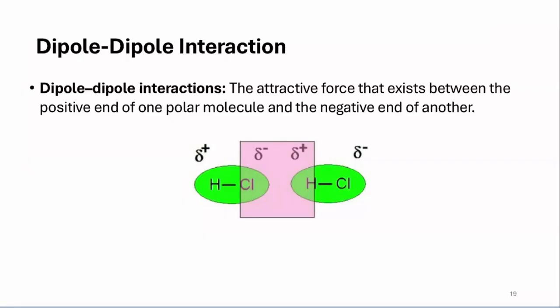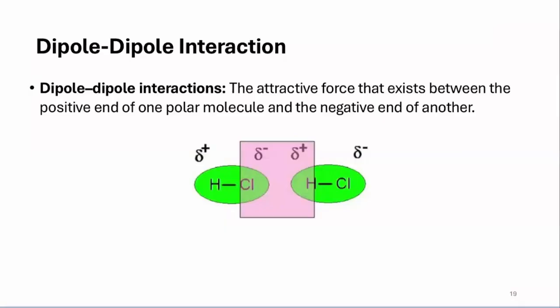The difference between dipole-dipole and hydrogen bonding is that even though they both require polar molecules, in hydrogen bonding you must have a hydrogen connected to fluorine, oxygen, or nitrogen. In dipole-dipole, you just need a polar covalent bond or the molecule to be polar. So let's look at the example of HCl.